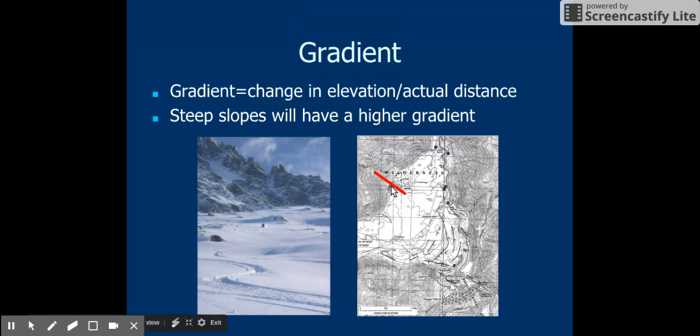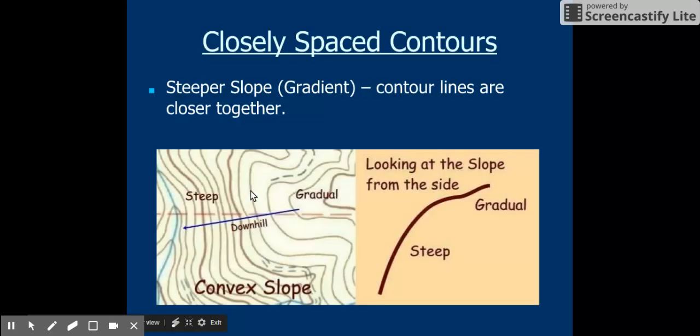So on this topographic map, where you see the red line, we see all these contour lines really close together, and that's showing me, in this photograph of the same area, an incredibly steep slope. So again, the rule is the steeper the slope, the higher the gradient will be, and the closer the contour lines will be together.